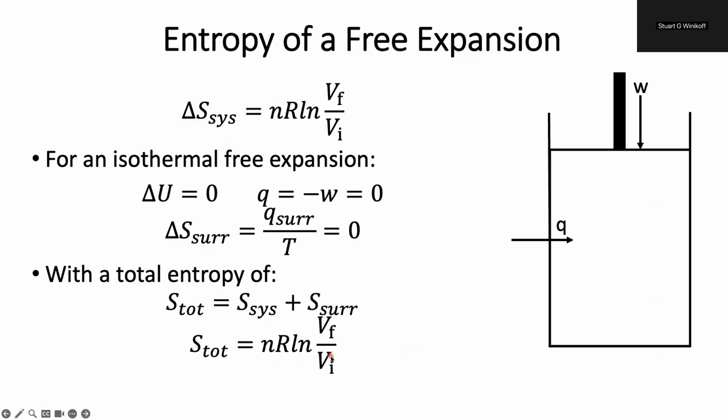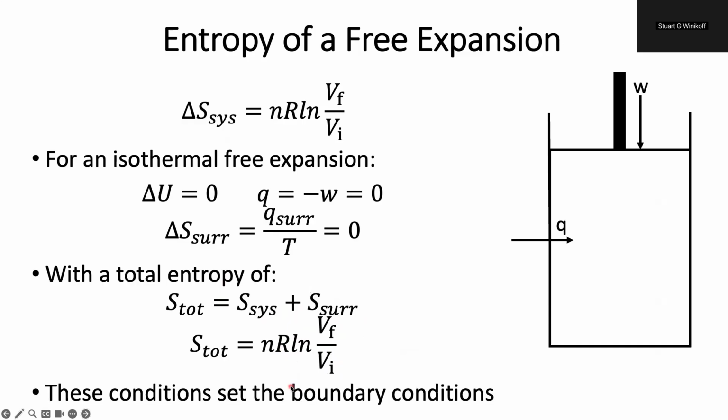Now, if you think about it, I can't get any more entropy out of a process than this. Because again, it'd be hard to disorganize both the system and the surroundings. So this really sets the max entropy for an expansion, while the reversible entropy sets the minimum. And together these set our boundary conditions for expansion of a gas.